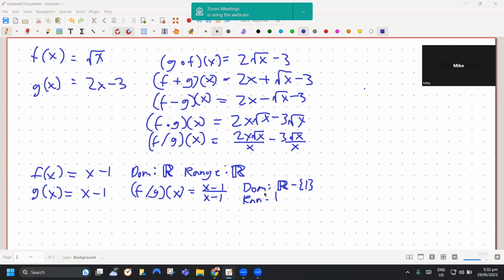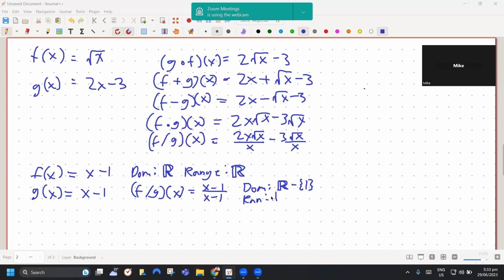So R minus 1 for the domain, so R, remove the set containing 1. Dito, yung range, the only possible value is just 1. So it's just going to be the set containing 1, or open curly bracket, 1, close curly bracket. So yun yung range. It's just a single number.